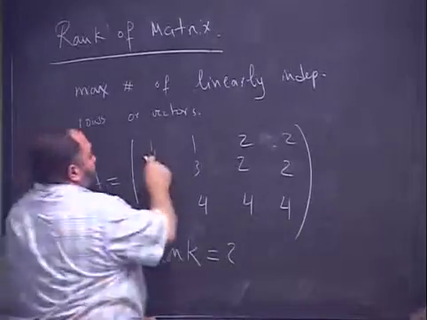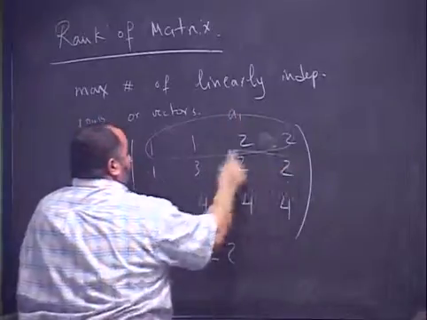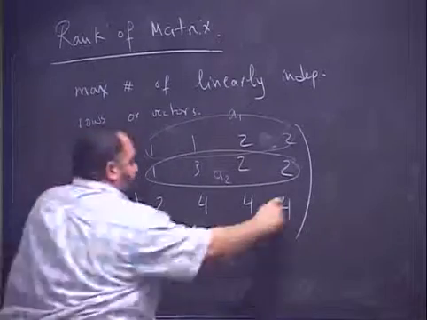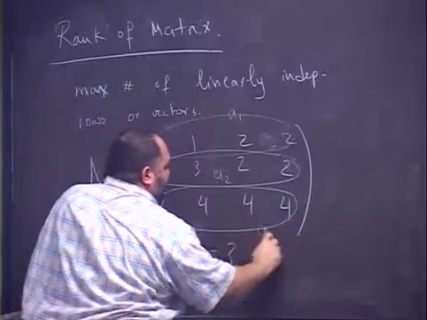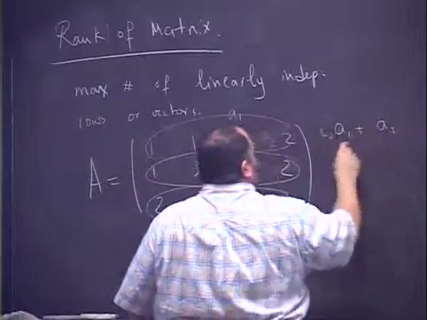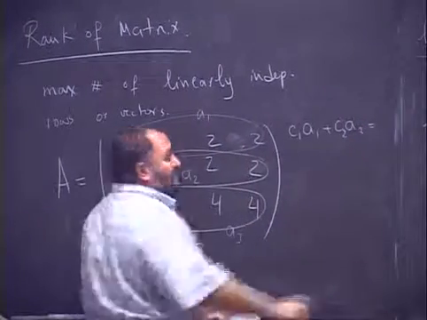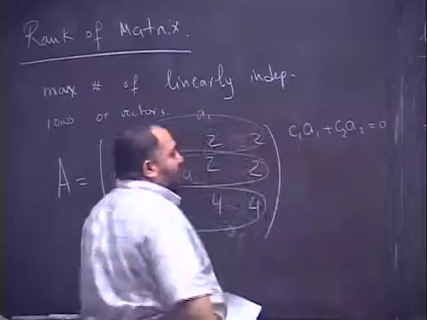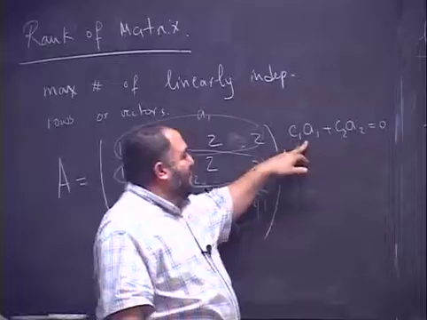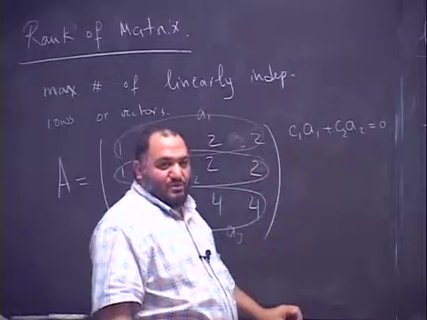So let's assume this is vector A1, this is vector A2, and this is vector A3. Between vector A1 and A2, if they are linearly independent, C1 and C2 must equal 0. And this is true.